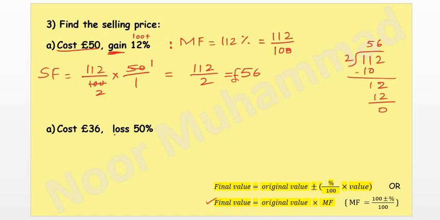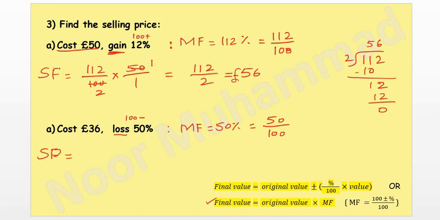Here in this case, it's a case of loss. Loss means this 50% will be subtracted from 100 to get the multiplying factor. So the multiplying factor will be 50%, because 100 minus 50 is 50. But we will use it as a fraction, so 50 out of 100. So how can you find the selling price?